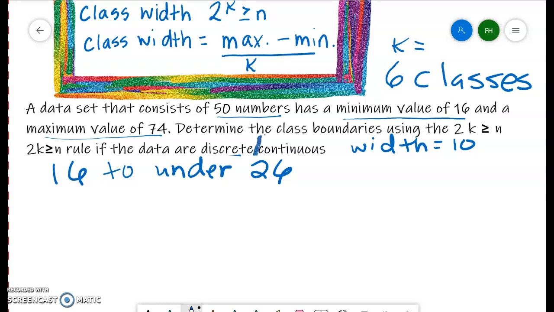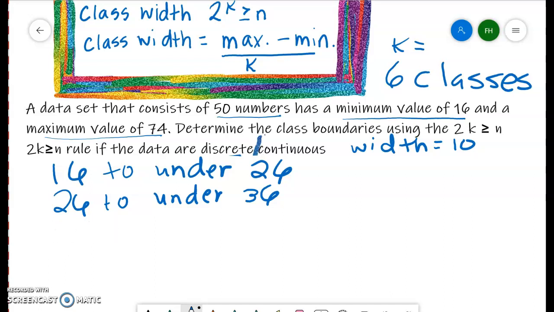Then we would start the next one with 26 to under 36. We know that if it was discrete, it was 26 to 35, so under 36 would include 35. And then you would just continue like that.